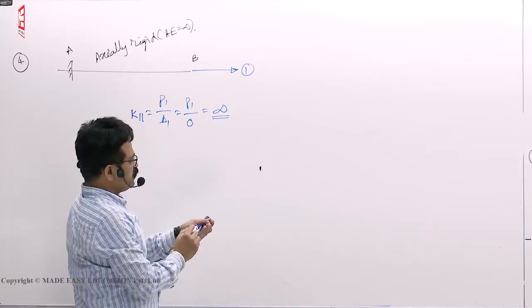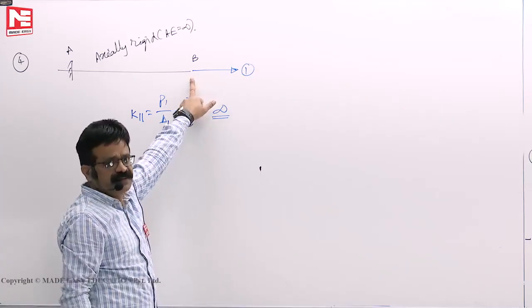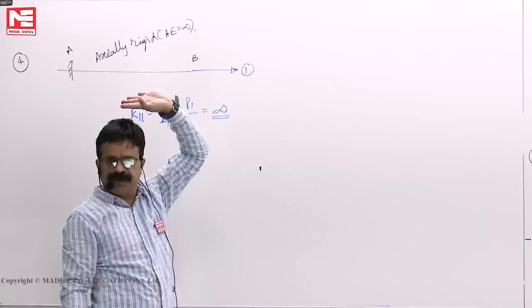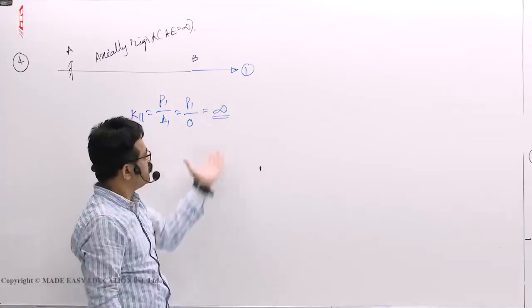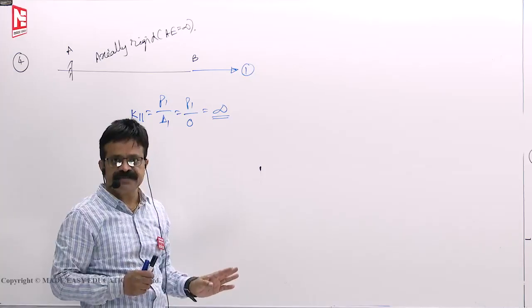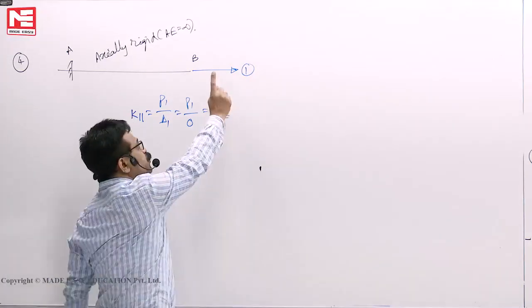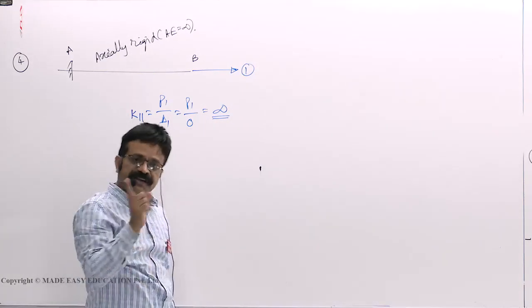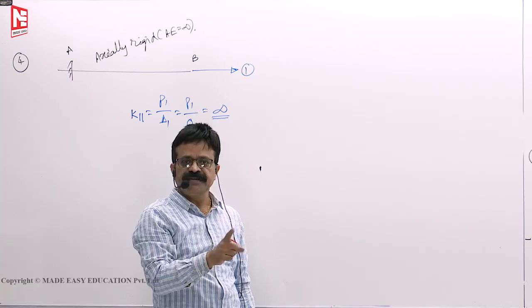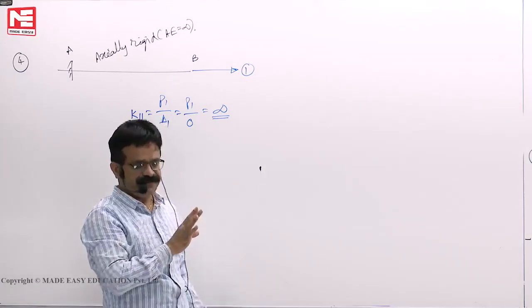That means at any coordinate, if displacement is impossible, then the stiffness matrix will not exist. This type of quantities will come, useless quantities. That's why I told you in the beginning, you must give coordinate numbers to all possible displacements only. If displacement is impossible and you still give a coordinate, then the stiffness matrix will not exist.